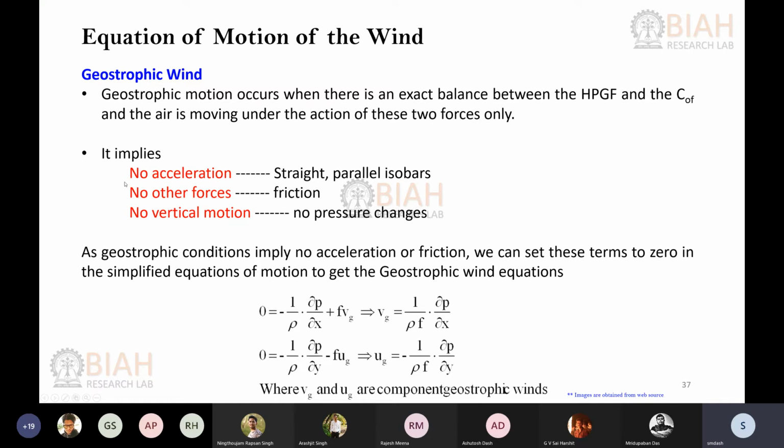That means no acceleration. If there is no acceleration, then your isobars will be straight lines. We will see this subsequently.